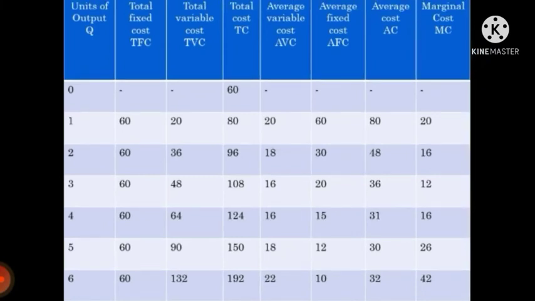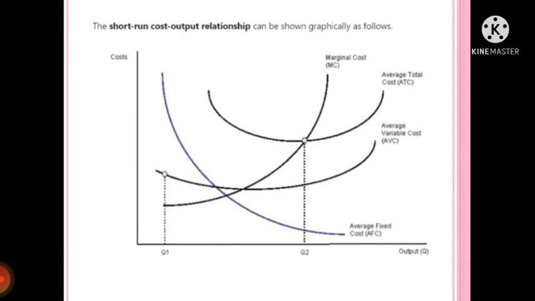It is a bit confusing, but that's okay, many of us get confused. After this come the averages: average variable cost, average fixed cost, and average total cost, which we show in a graph. The short-run cost-output relationship can be shown graphically as follows.